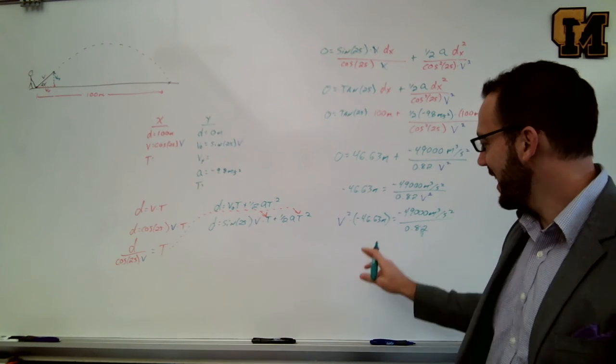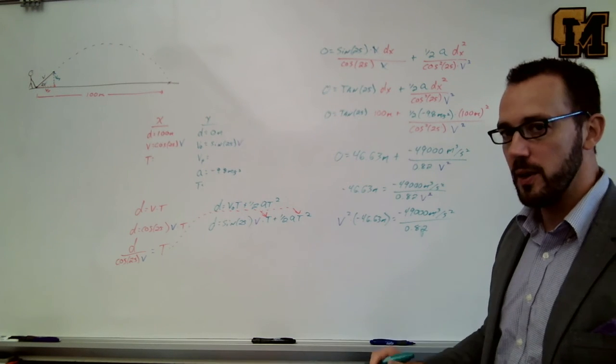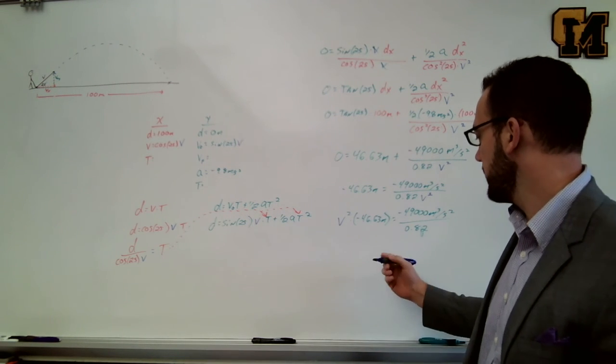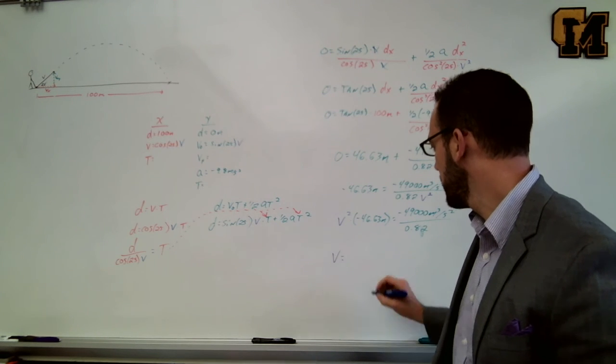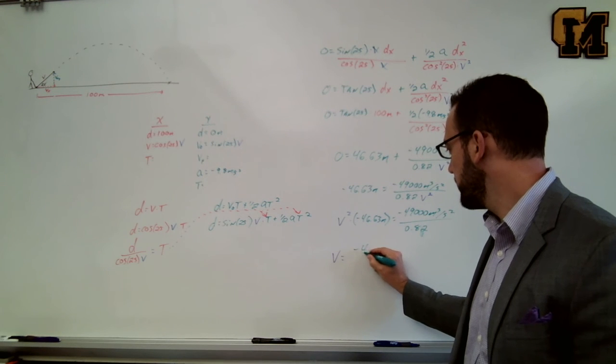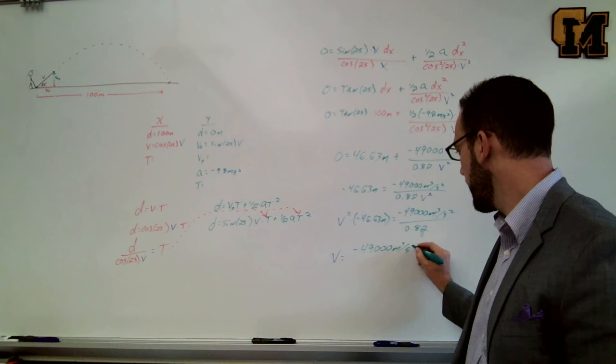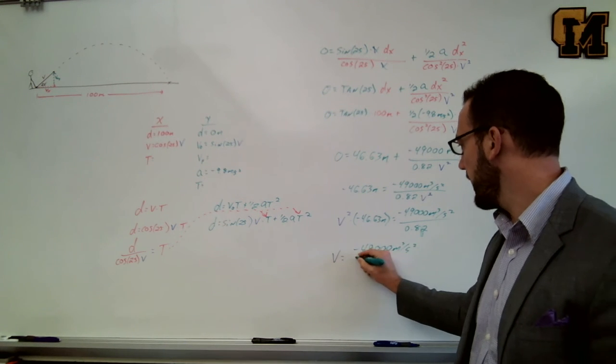Now I'm almost done. I can just divide this negative 46 over here. I'm going to do the square root, and that'll get me v all by itself. So my numerator stays the same, negative 49,000 meters cubed per second squared. I'm going to divide this guy over.